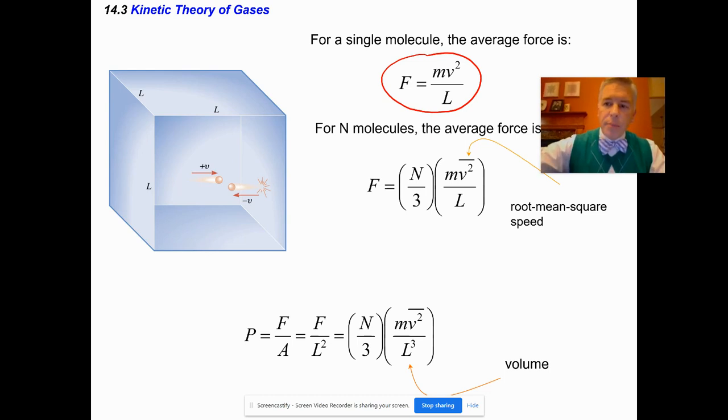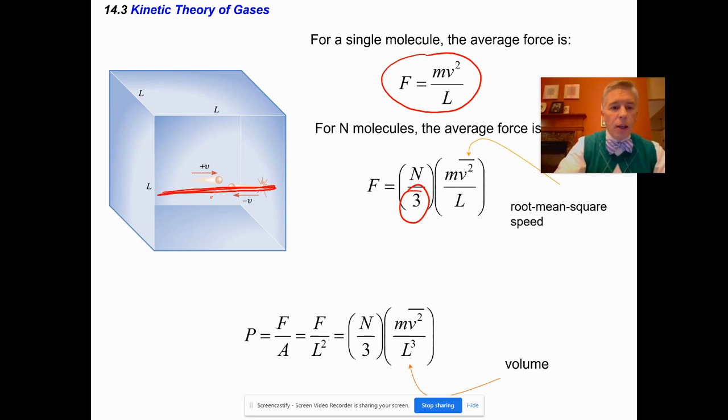But if I have n number of molecules in this particular setup, then all we're going to do is multiply, you would think, just by n. But if you notice, you'll end up with this n over 3 situation, this little 1/3. Where that's coming from is we have 3 different directions this can go. A particle can go side to side, it can go up and down, or it can go forward and backwards.